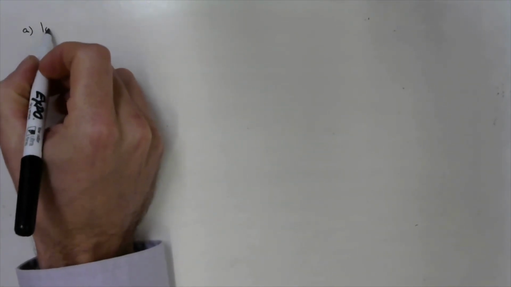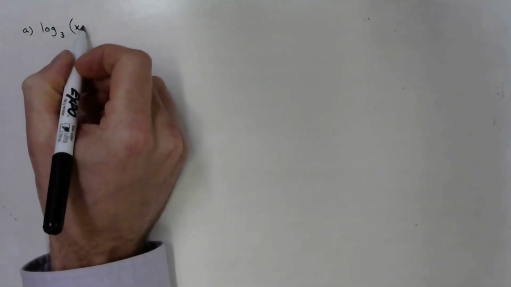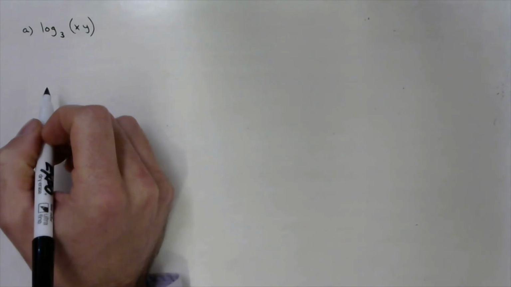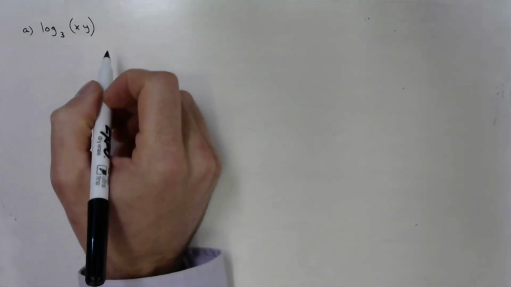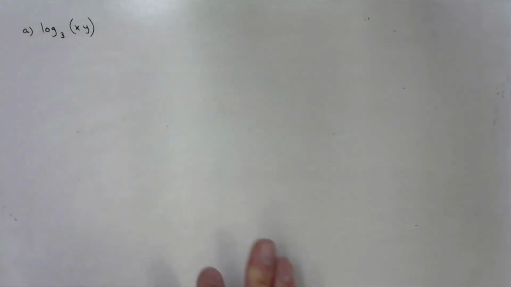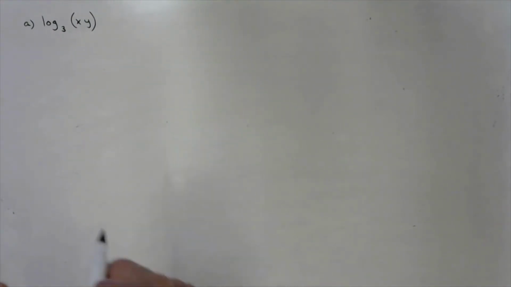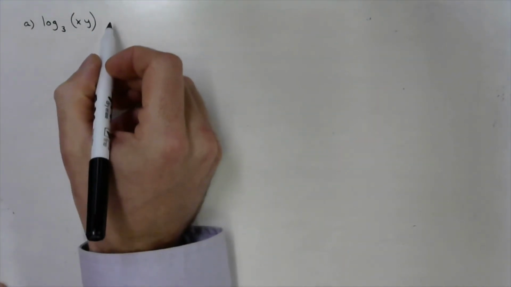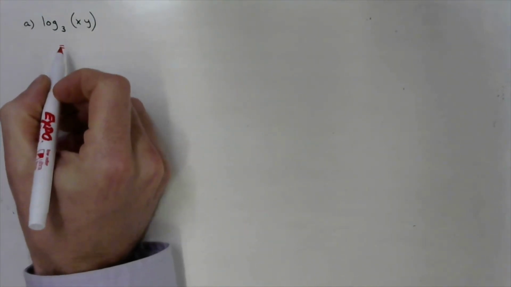The log with a base of 3, the log xy with a base of 3. How would we expand this? Log of x base 3 plus log of y base 3.